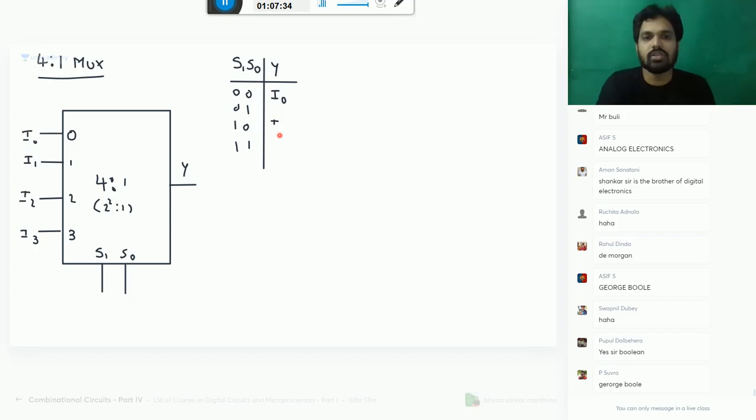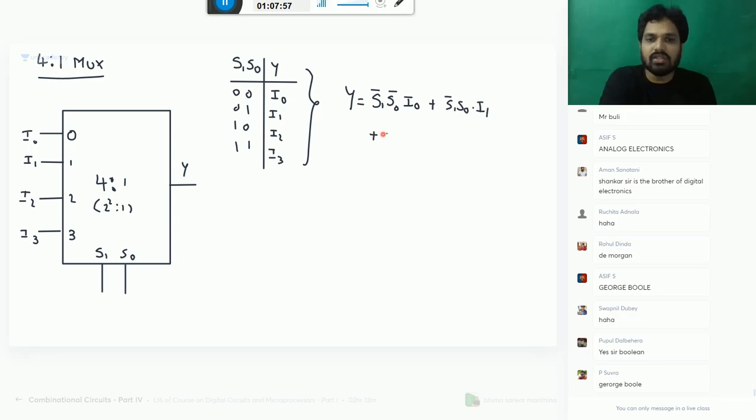You see, 0 0 is I0. I told you already how to write the equation: S1 bar, S0 bar into I0. What is I0? It is the information available at input 0. It can be 0 or 1, depending on the data you have here. Similarly, S1 bar, S0 into I1, S1, S0 bar into I2, and S1, S0 into I3.